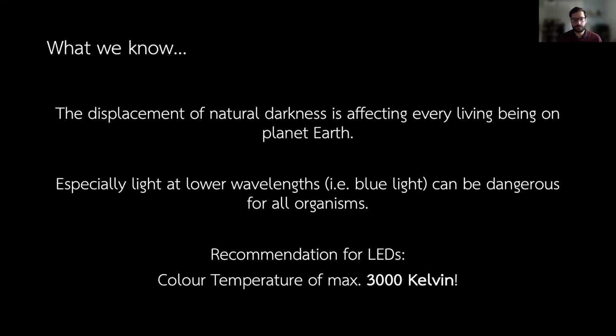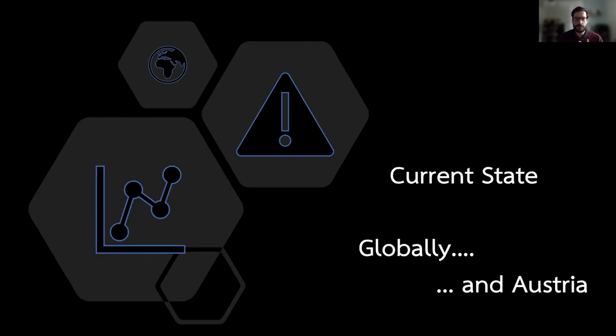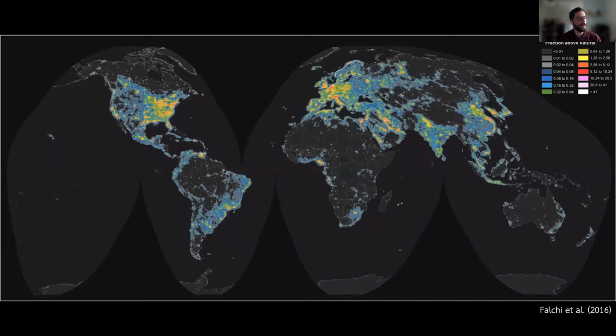And now I want to talk about what is the current state of light pollution. Is it really that bad globally? Is it really that bad here in Austria? So have a look at this world map here. You can see the so-called World Atlas of artificial night sky brightness, where you can see all the locations which are impacted by light pollution especially.